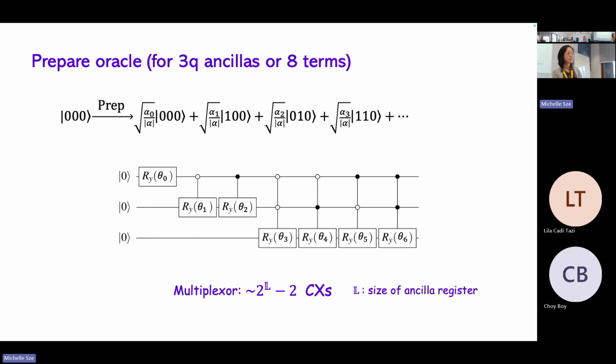I won't go into details because it needs some time to absorb, but note that with this multiplexor synthesis, the number of CNOT gates to perform a prepare oracle will be given by this expression, which is about 2 raised to the number of qubits in your ancillary register.